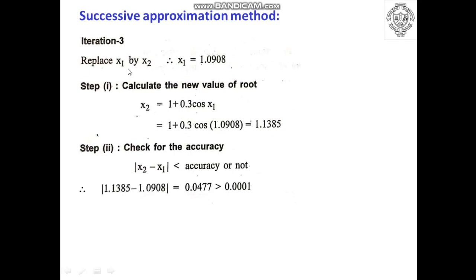So here also I will replace x1 with x2. x1 becomes 1.0908. I will put it in the formula for x2, and I will get value of x2 as 1.1385. If we check the accuracy between these 2 points, our subtraction between these two values, the answer is 0.0477, which is also greater than desirable accuracy.